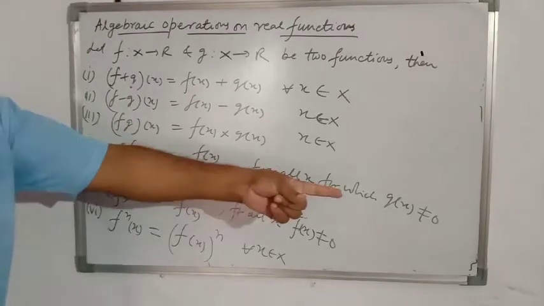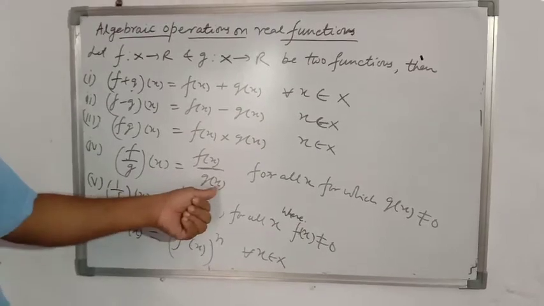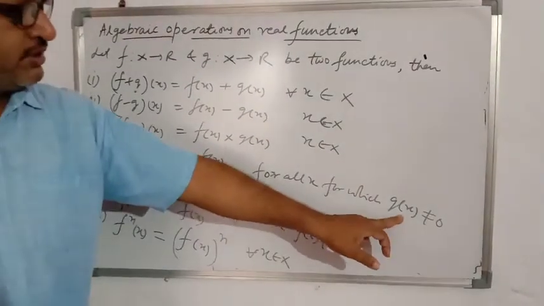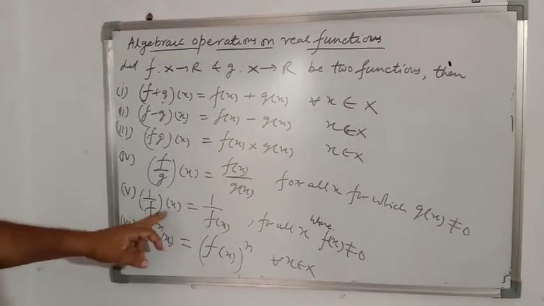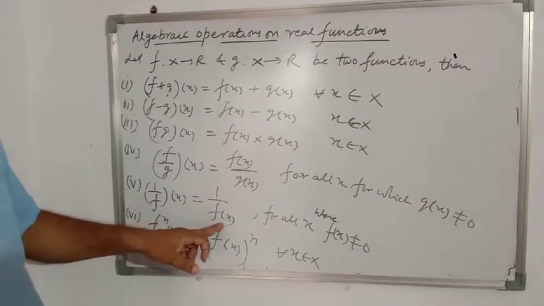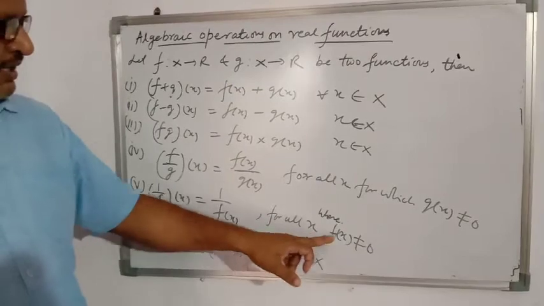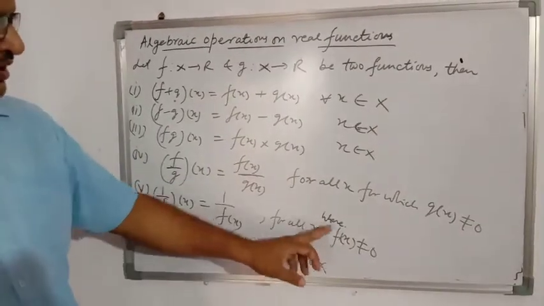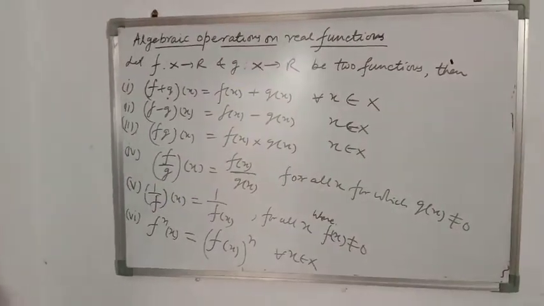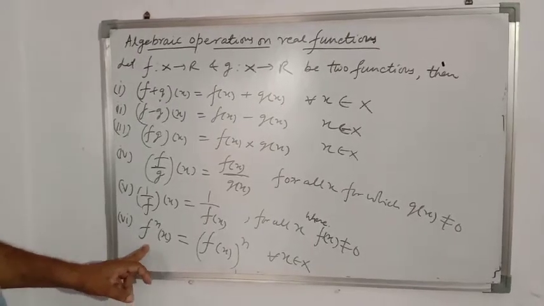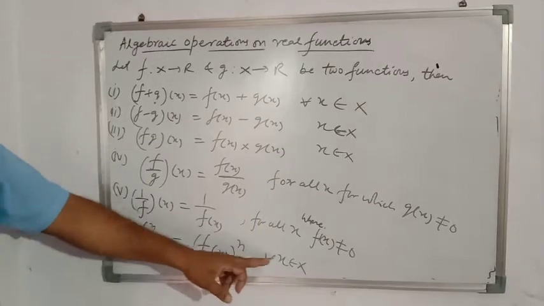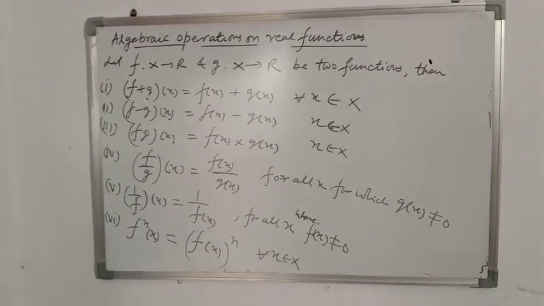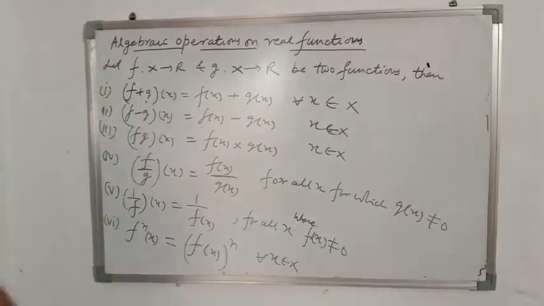Here g(x) cannot be 0. It is defined for all the values of x except where g(x) equals 0. 1 by f of x is defined for all x but f(x) not equal to 0. Power function is defined as f to the power n of x, f(x) whole to the power n, x belongs to the domain X.